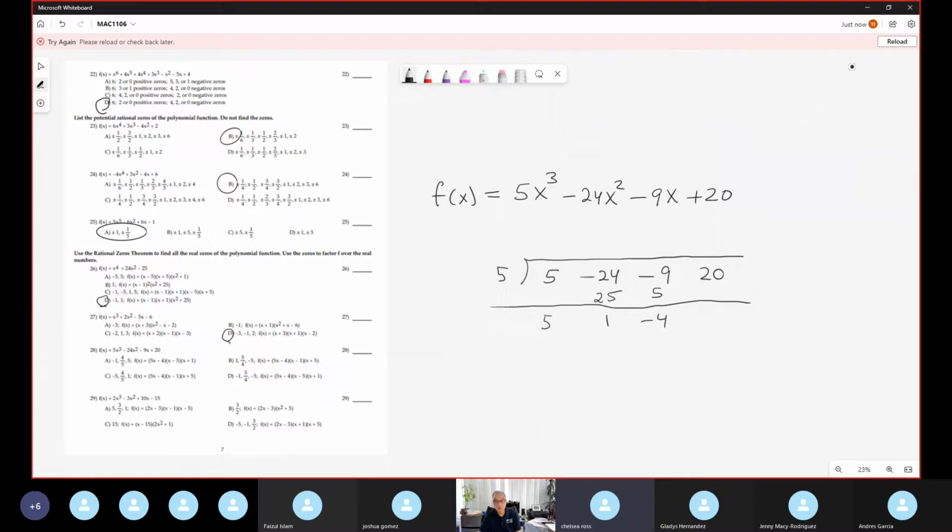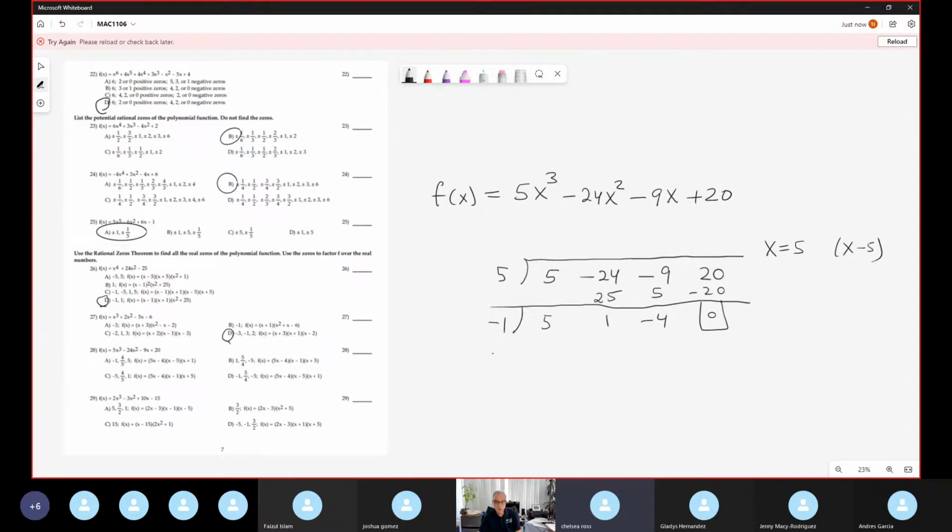Negative 4. Negative 4 times 5 is negative 20. You see 0 here. It's because x equals 5 is a zero and the factor is x minus 5. Now negative 1, I saw in decimals also.